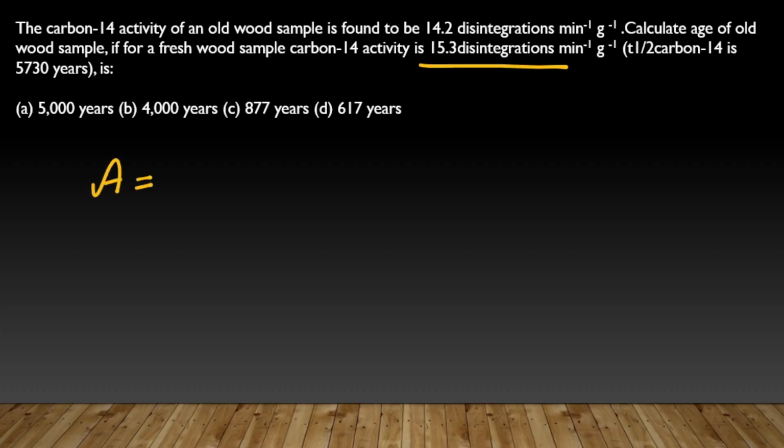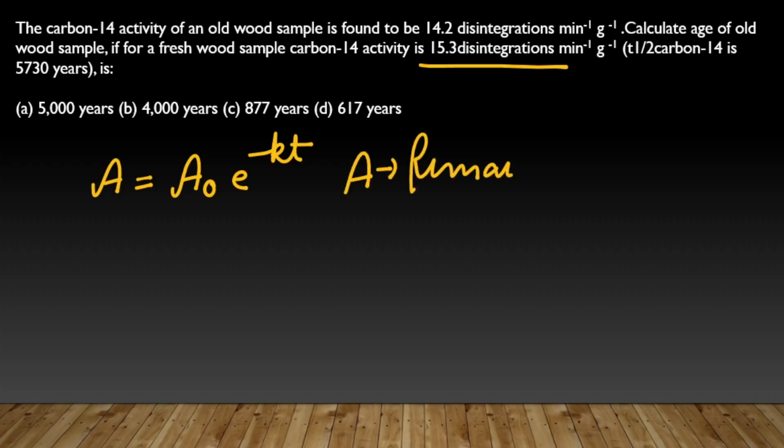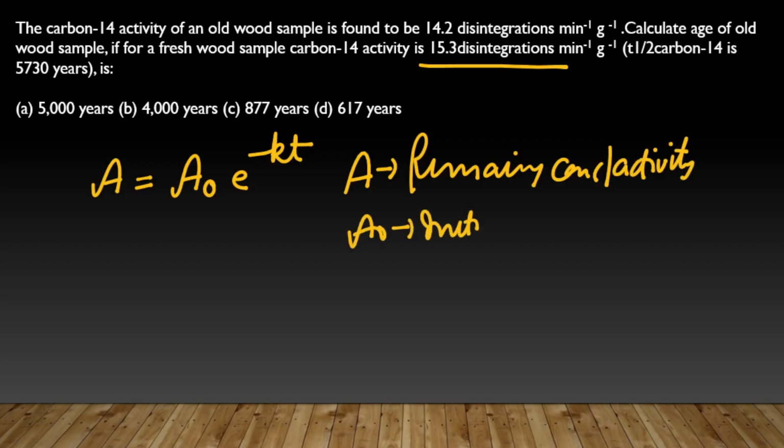For the first order, we know A is equal to A naught times e raised to the power of minus kt, where A is the remaining concentration, or instead of that, we can also use the term activity, and A naught is the initial concentration, right?